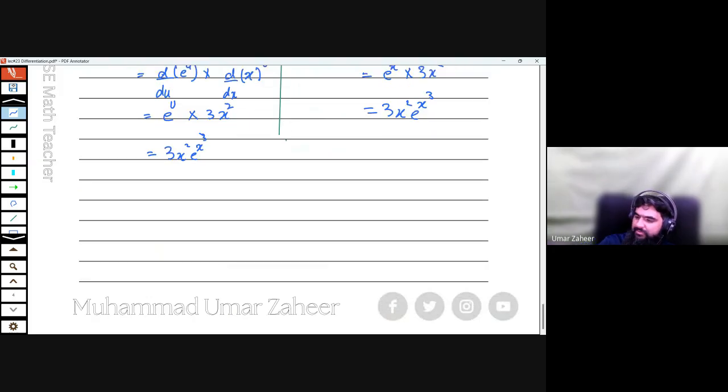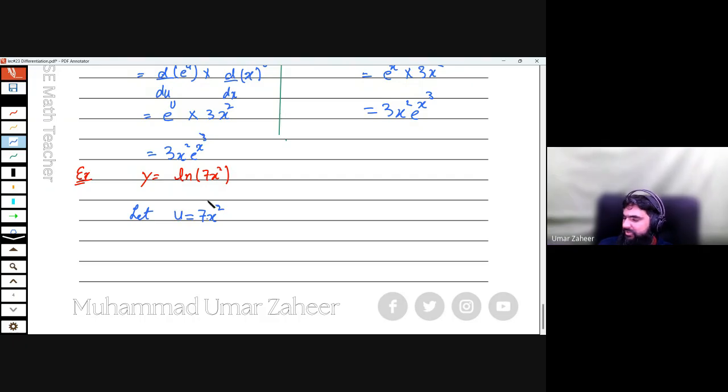So what we are doing, we are just using the chain rule here. Let's do one more question. Let's say we have y is equal to natural log of 7x squared. Now I just want to use the chain rule to simplify them. Let u is equal to 7x squared.